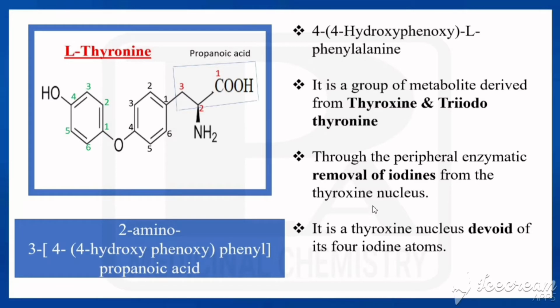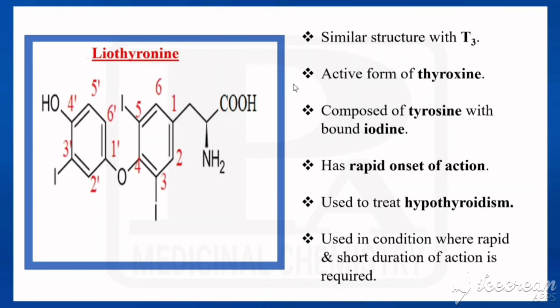How are the iodines removed? Enzymatic removal. By means of enzymes, the iodines are removed and we get thyronine. So this thyronine is a derivative of thyroxine, but it does not have the 4 iodines.